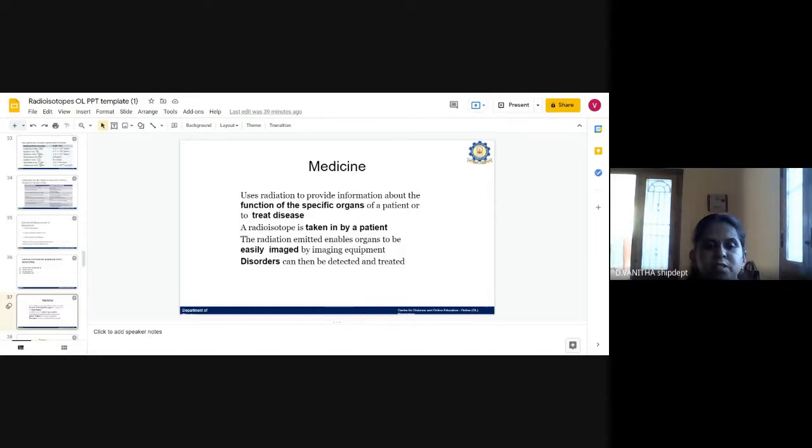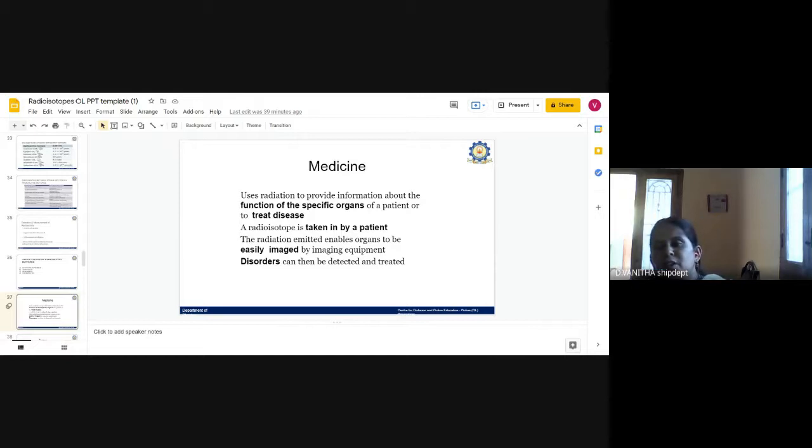So first of all, we are going to see about medicine. By using the radiations, it will give the proper information about the function of a specific organ. It is used not only for diagnosis, but also to treat the disease; radioactive isotopes are very useful.